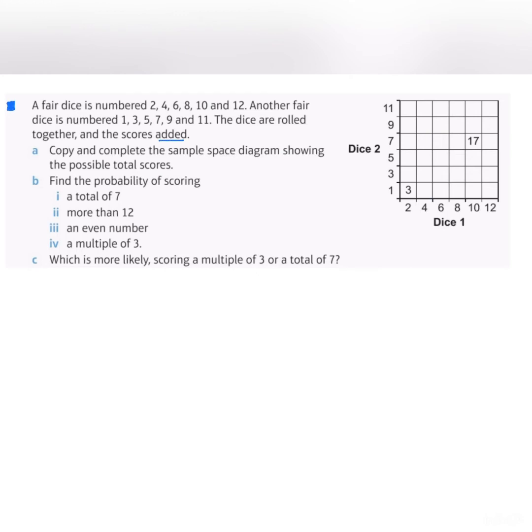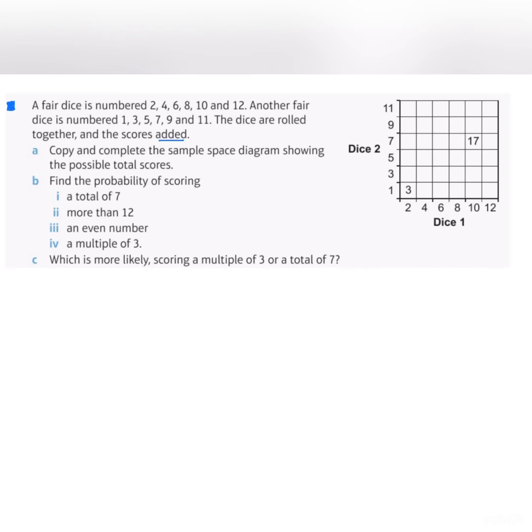It says copy and complete the sample space diagram showing the possible total scores, and then answer these questions. Find the probability of scoring a total of 7, more than 12, an even number, a multiple of 3, and part C is which is more likely, scoring a multiple of 3 or a total of 7. So pause this video, have a go at this question, and then check your answers.